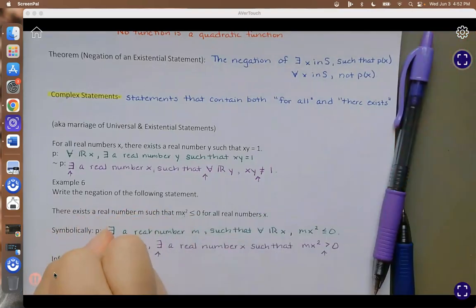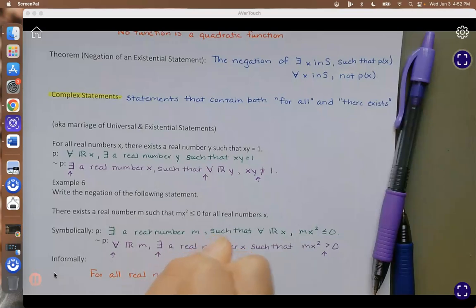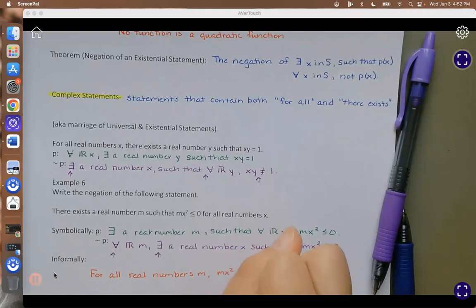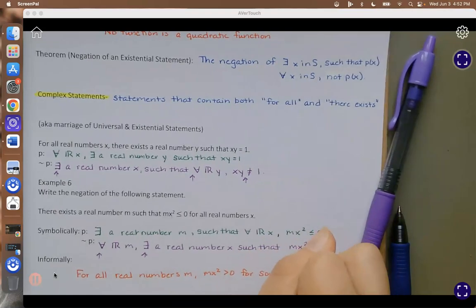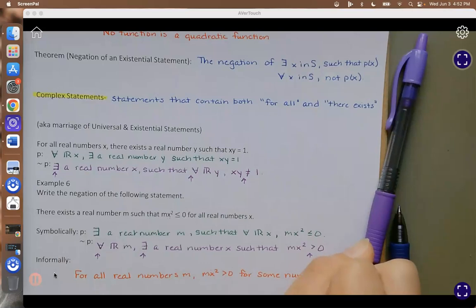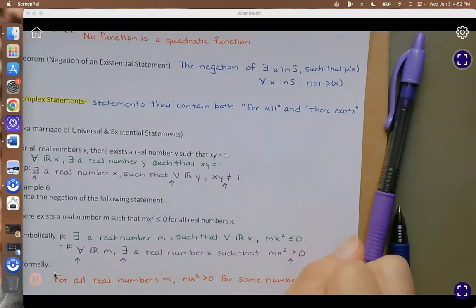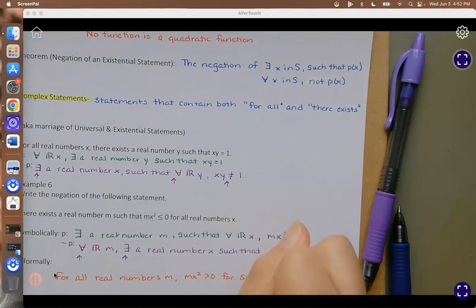And this is the last thing. For all real numbers m, mx squared is greater than 0 for some real numbers x.